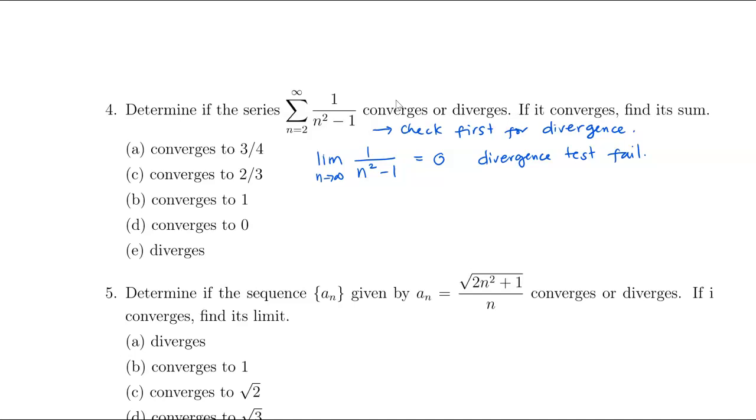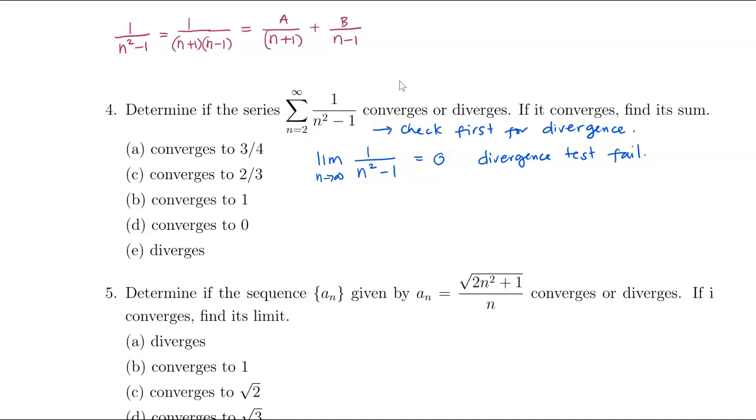We can write a sub n, which is 1 over n squared minus 1, as 1 over n plus 1 times n minus 1. You could factor that out. And this is equal to a over n plus 1, plus b over n minus 1.